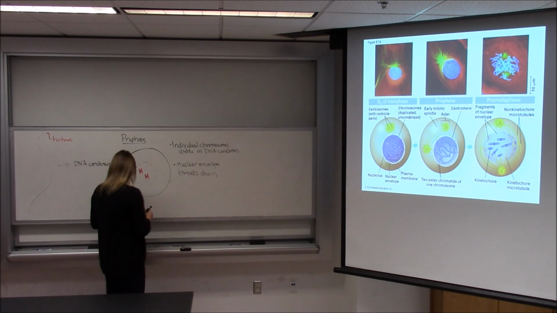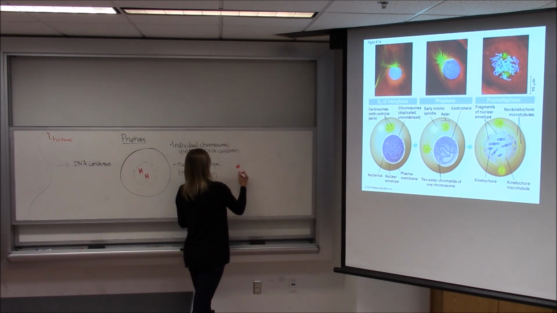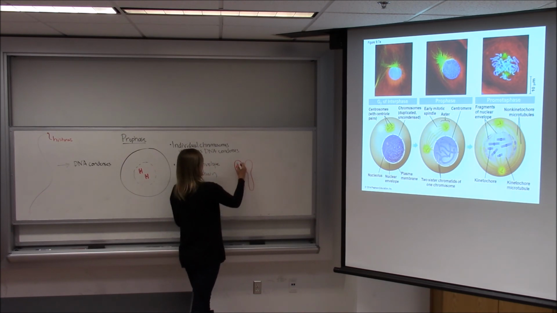So if we blow this up, and we've done this before, remember this chromosome is actually going to constrict in the middle, and that region is called the centromere. But it's really just this tightly wound DNA inside here. It's not really inside something, I'm just kind of trying to replicate the shape here.